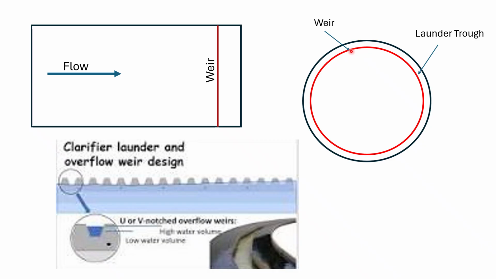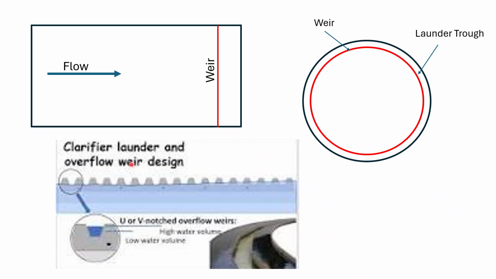Whereas for a circular basin, the weir is going to be all around that basin. So that's the entire length of that weir, and the decanted or supernatant liquid is going to flow into that launder trough, which is just a circular ditch on the other side of the weir.